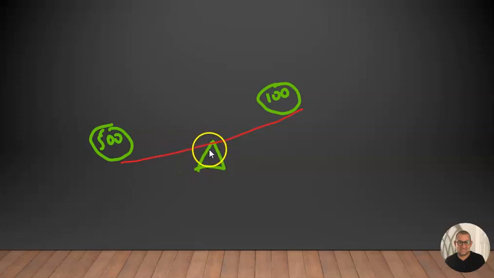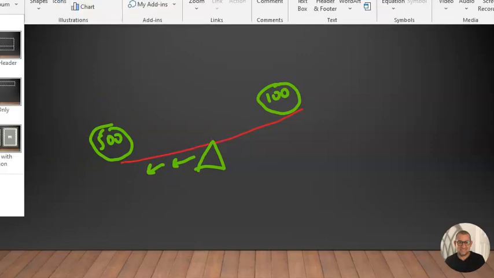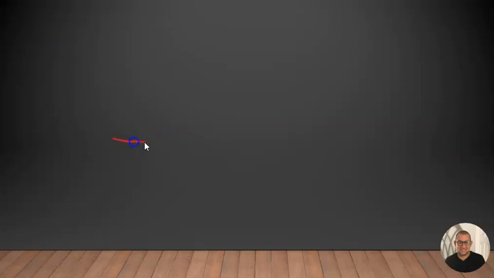Well, this center of gravity position would have to shift to the left, and it's going to keep shifting to the left until we get something like this. Now we'd be balanced again.